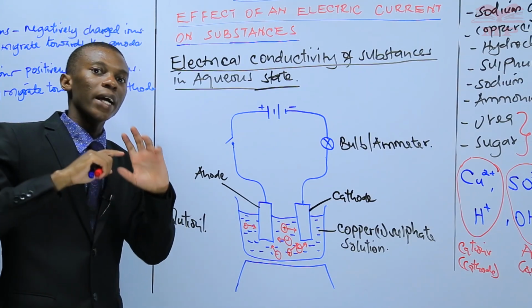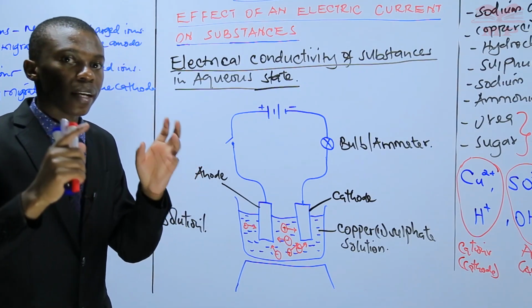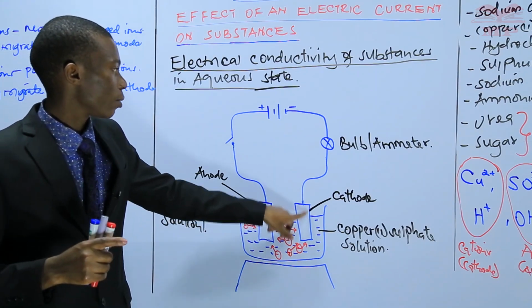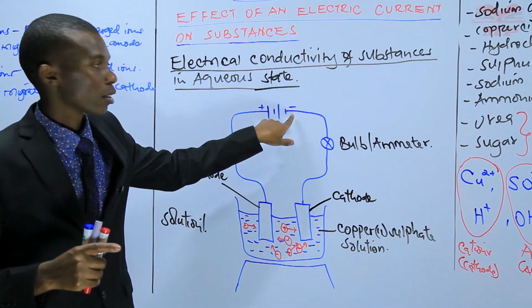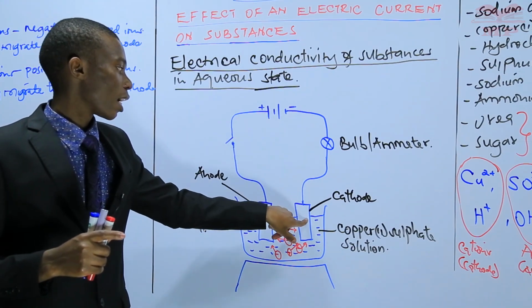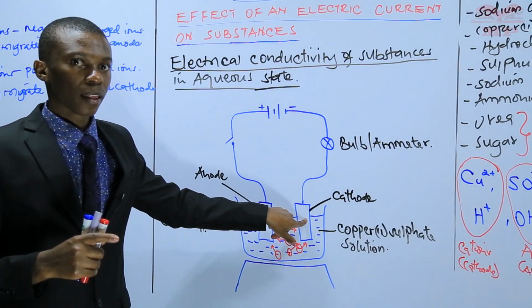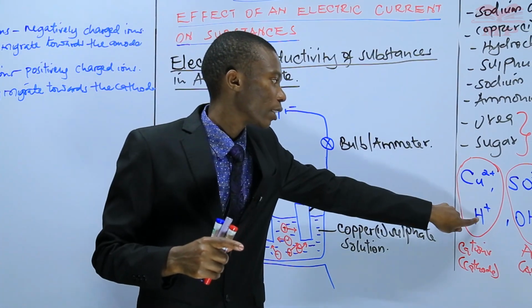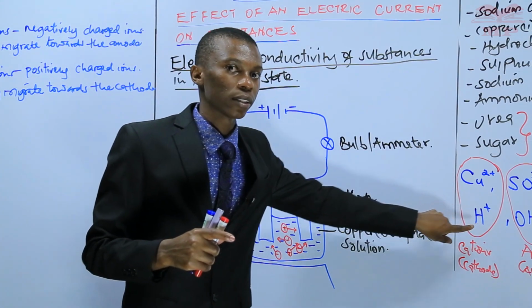Cations migrate towards the negatively charged electrode, which is the cathode, connected to the negative terminal of the power source. At the cathode we expect the copper ions and the hydrogen ions.